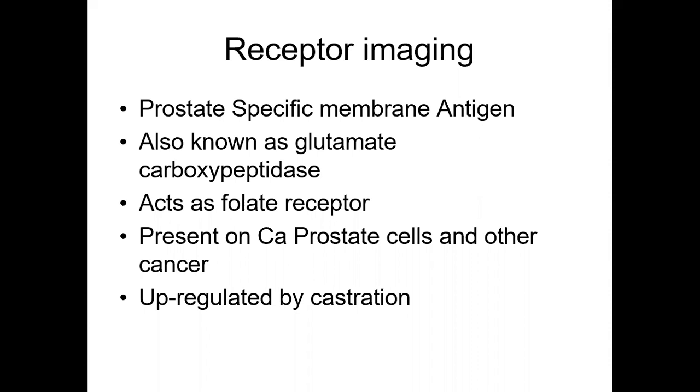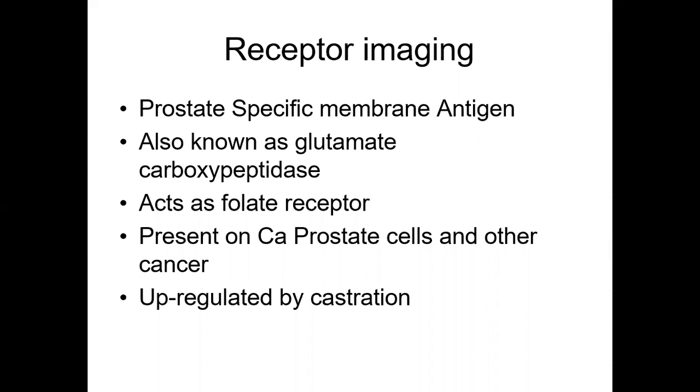So the cells that want to divide, and they tend to be cancer cells, tend to have more of these receptors on their surface. Now, the only problem with using the term prostate-specific membrane antigen is it's a membrane antigen, but it's not prostate-specific. In fact, it's present on lots of other cancers, including particularly breast and pancreas.